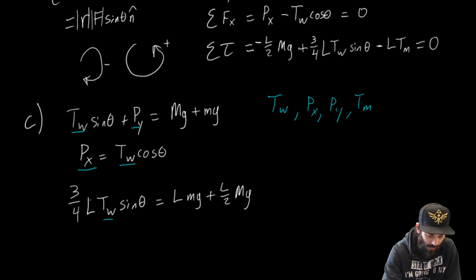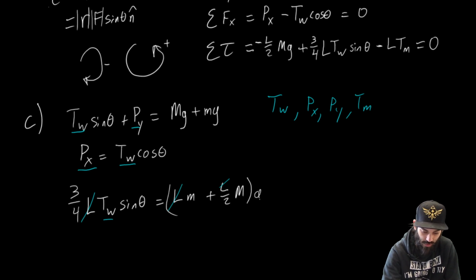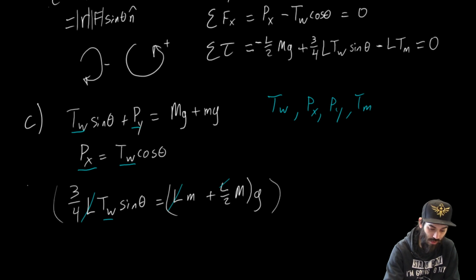So looking at this, first thing we can do is get rid of these L's. And I'm also going to factor out a G from this. Okay, so we're going to have G on the outside. Then what we can do is divide this by 3/4 sine of theta, or analogously multiply this by 4/3 times 1 over sine of theta to get this t sub w by itself.